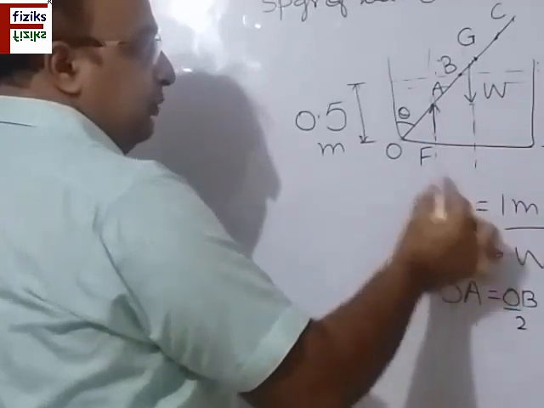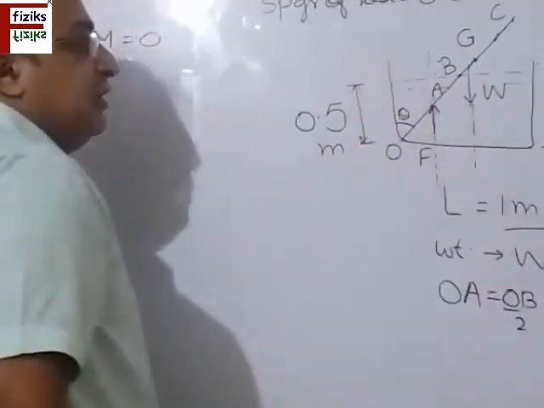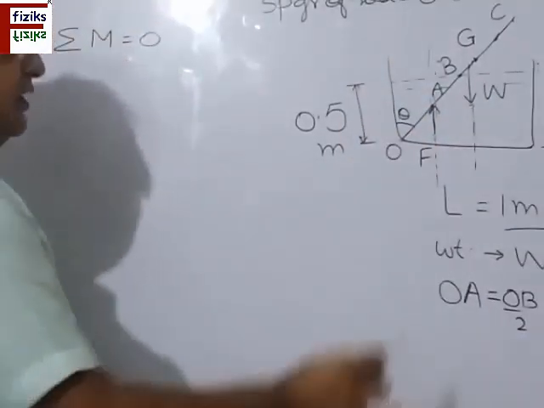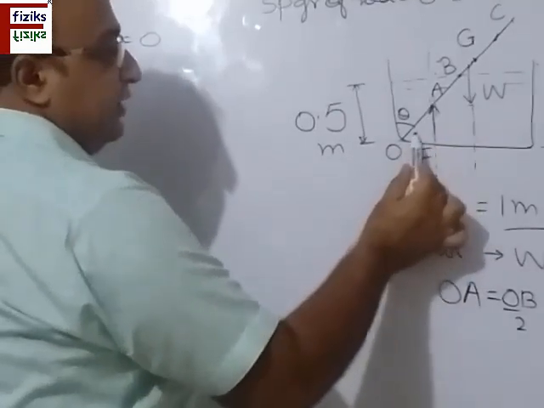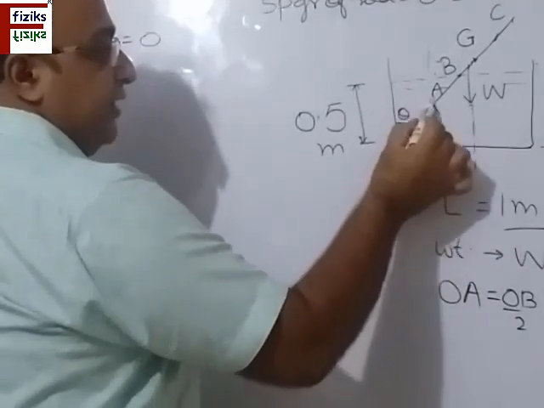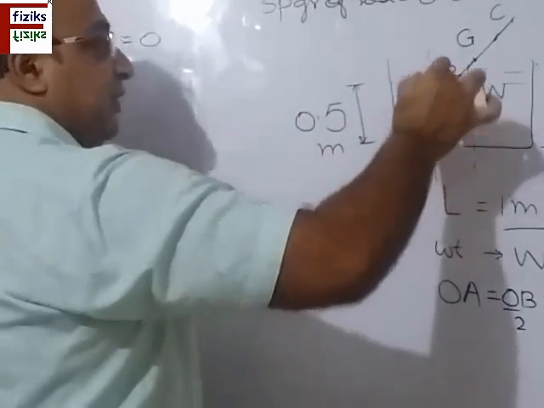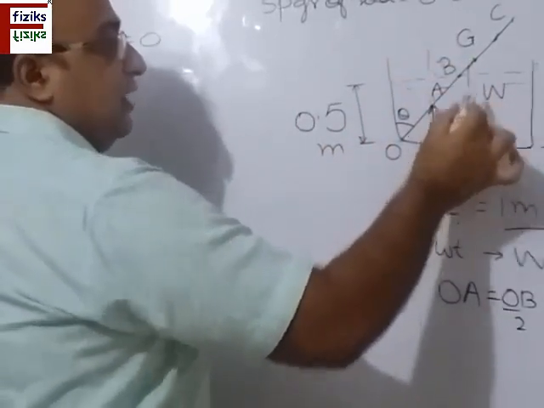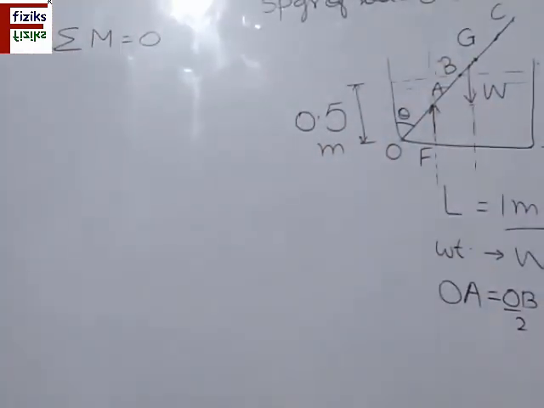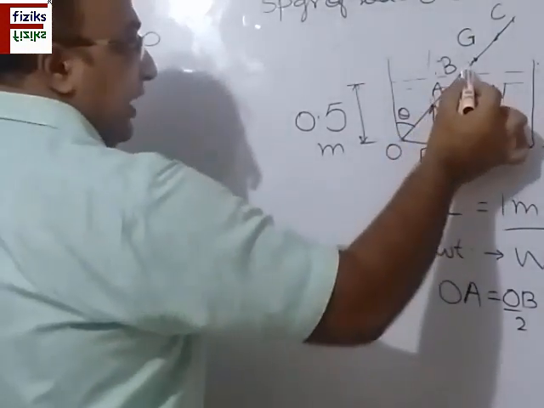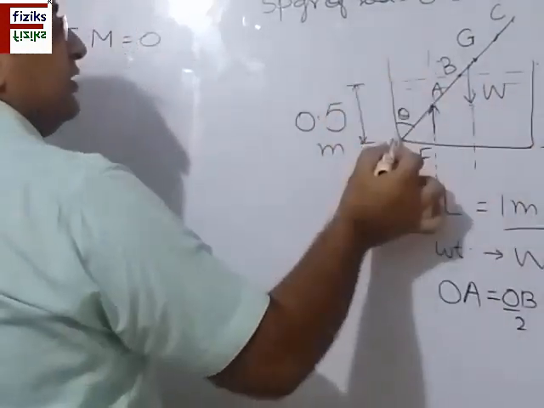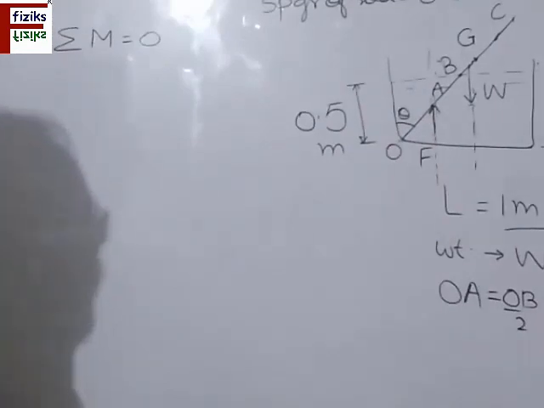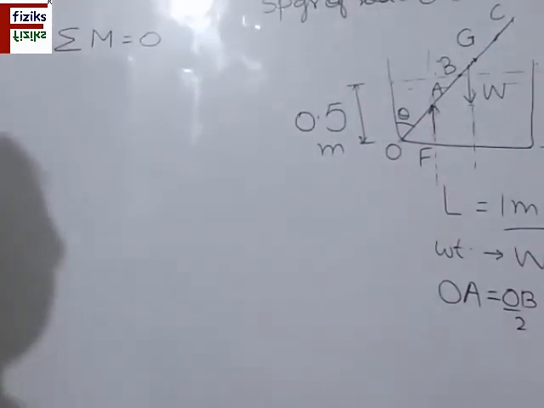Similarly, W multiplied by this distance. Now you can see the nature of the forces. F is trying to rotate this rod about this point in this direction, anti-clockwise, whereas W is trying to rotate this rod in clockwise direction about this point. So they are having moments in opposite direction.